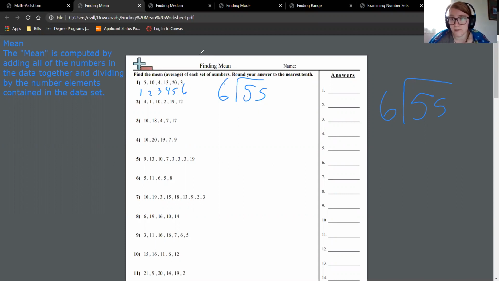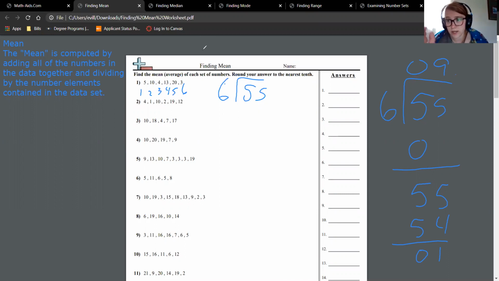6 goes into 5 0 times. Oops, silly me. 55. 6 goes into 55. Let's see. 6, 12, 18, 24, 30, 36, 42, 48, 54. 9 times. 6 times 9 is 54. 55 minus 54 is 1.